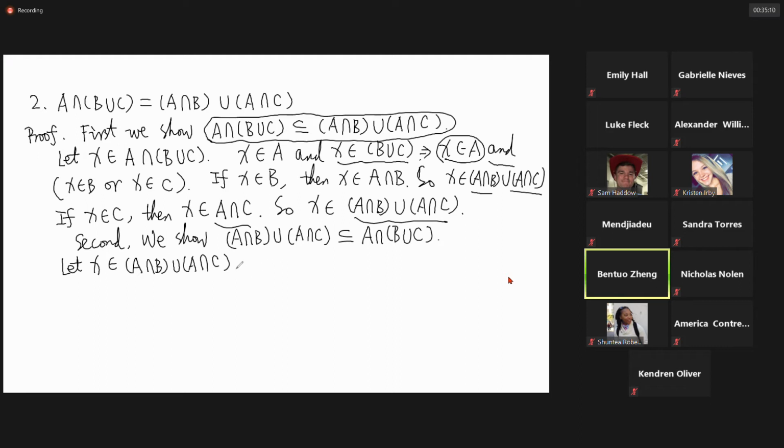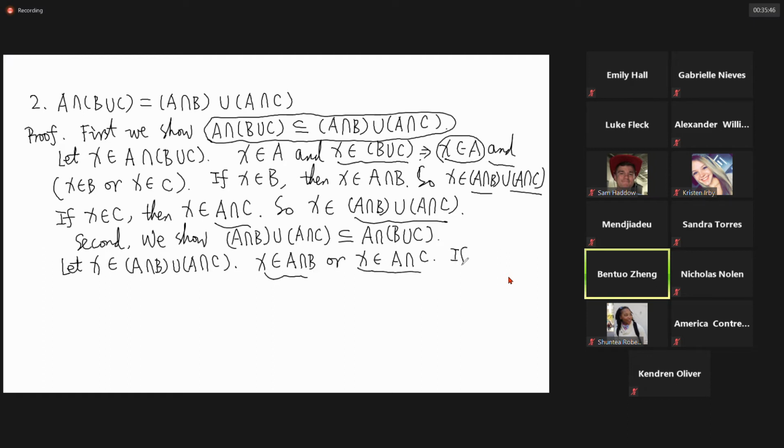So what is the meaning of this? This is a union. So that is x is in A intersect B, or x is in A intersect C. So we should look at these two cases.